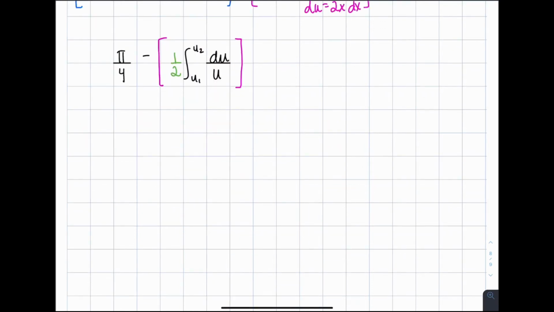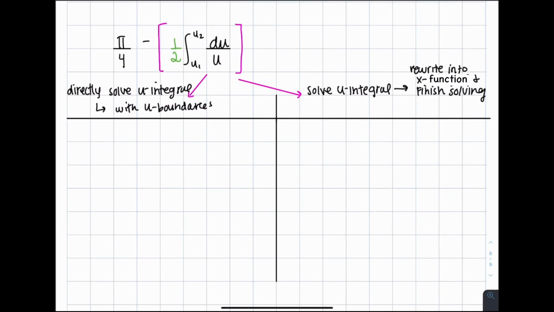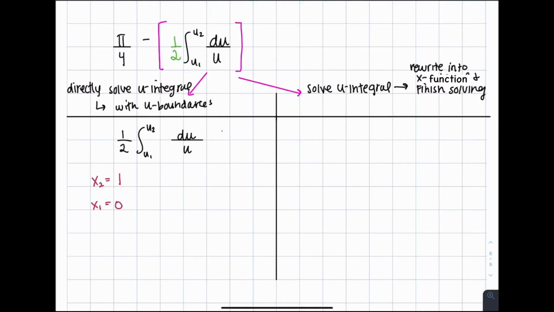Remember, there are two ways to solve du for a definite integral. Either we directly solve the u integral with u boundaries, or we end up rewriting to an x function and evaluate with x boundaries. So for extra practice, we'll solve for both, starting with the left side or our u integral. We'll want to find our u boundaries to continue solving.